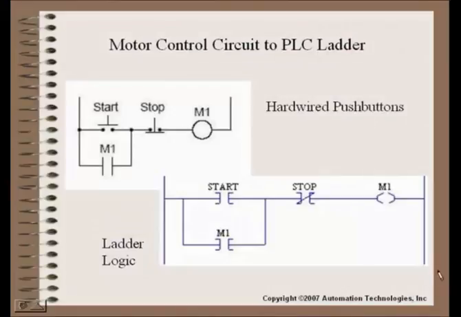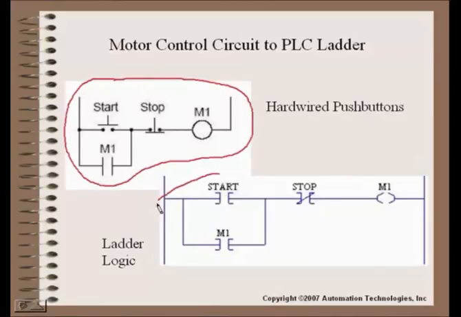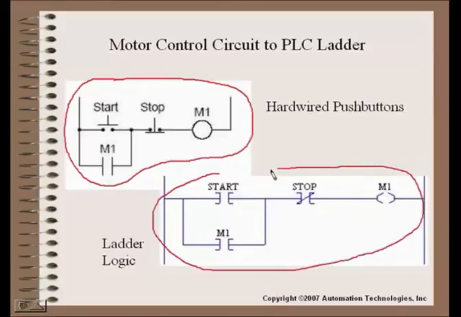So this gives us a situation where we have our hardwired circuit above here, and we have our PLC ladder logic representation of that circuit. Now, this start contact, you see they're slightly different in the way that they are shown here, but this start contact correlates to the location that this push button comes into the PLC, and the stop contact also correlates to the position where this stop push button is wired into the PLC.